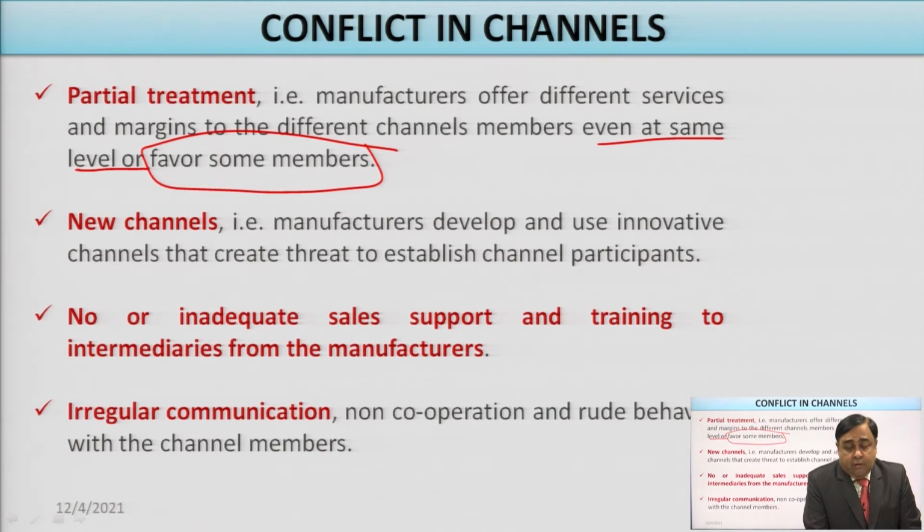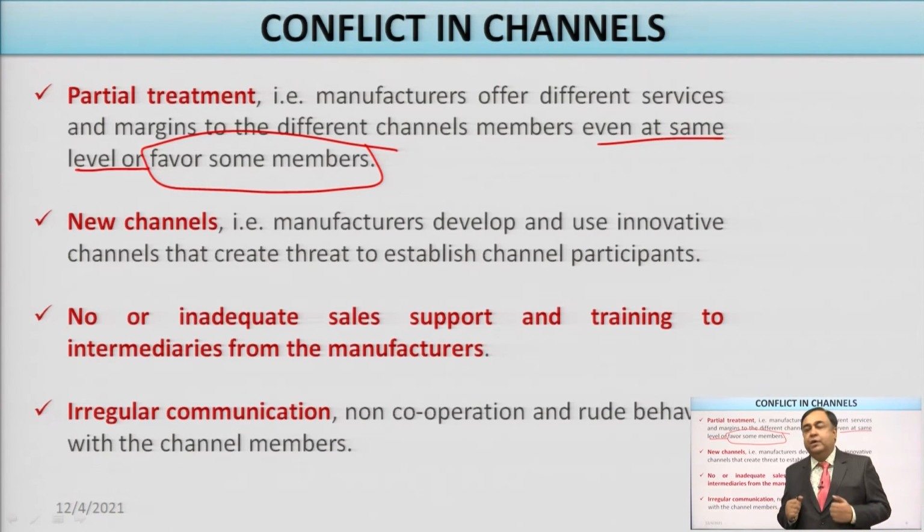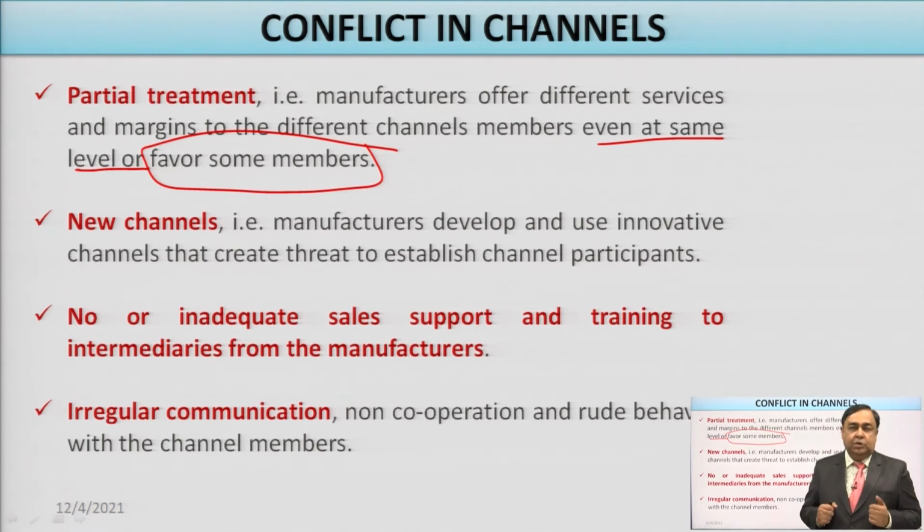Favoritism is one of the very, very dangerous situations, because this will lead to lack of motivation. Lack of motivation in turn will lead to dissatisfaction, and finally that will percolate down to the customer. In fact, the company will lose the business.